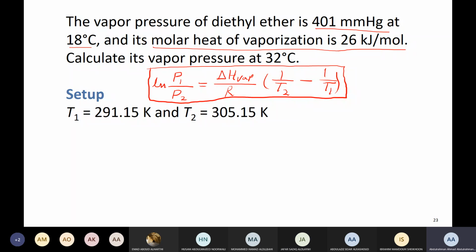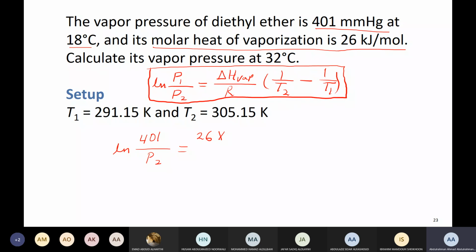Now, what's required? We want to calculate P2 or P1, whatever you decide. This is equal to what now? ln of P1, which is 401, divided by P2, which I don't know, equal to what? What's delta H vaporization? 26.